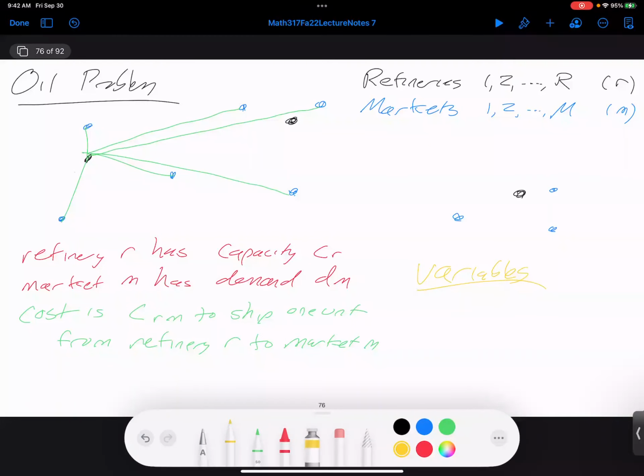Well, that's what we're going to try to minimize, the cost. But what do you think the variable should be? The price of oil? The price of oil is going to be kind of included with our cost. But what are we trying to do? What's the problem we're trying to solve? Shipping oil from refineries to the markets. So what should our variable be? How many subscripts should X have and what should they be?